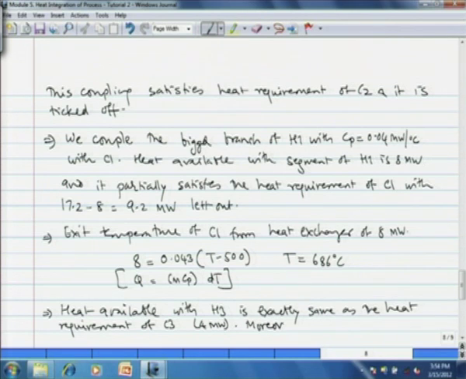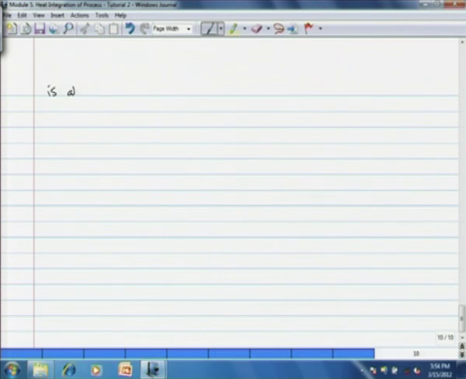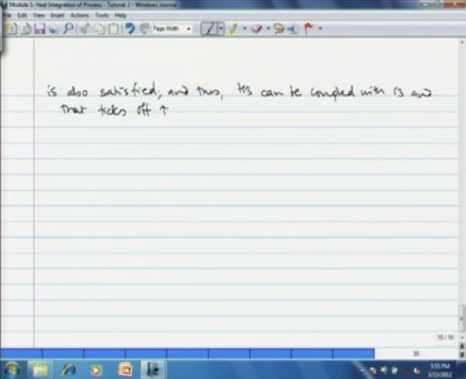Moreover, CPH less than or equal to CPC constraint is also satisfied, and thus H3 can be coupled with C3, and that ticks off both the streams as the heat requirement or the heat duty is satisfied.